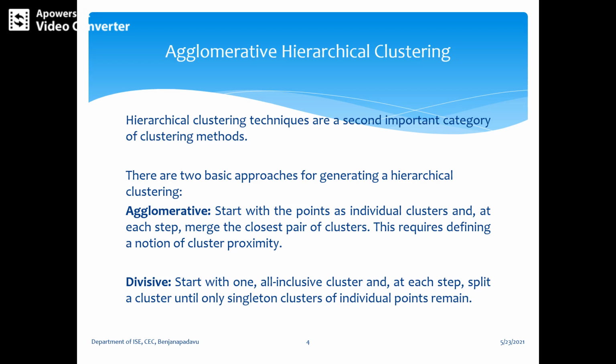A hierarchical clustering is often displayed graphically using a tree diagram, which we can call a dendrogram. It displays both the cluster-subcluster relationships and the order in which the clusters were merged, that is the agglomerative view, or split, the divisive view.